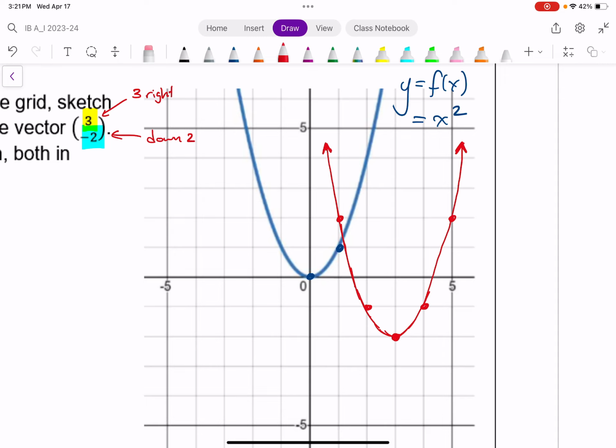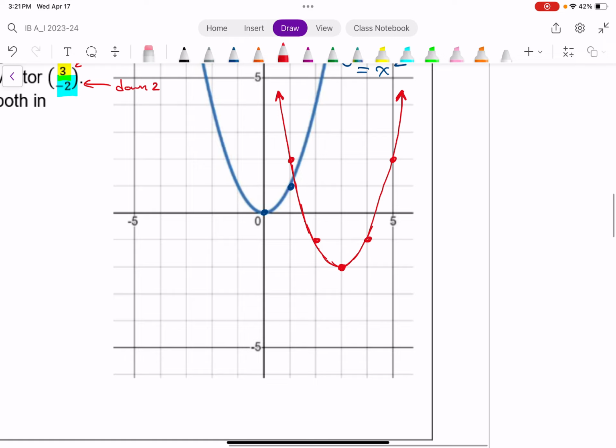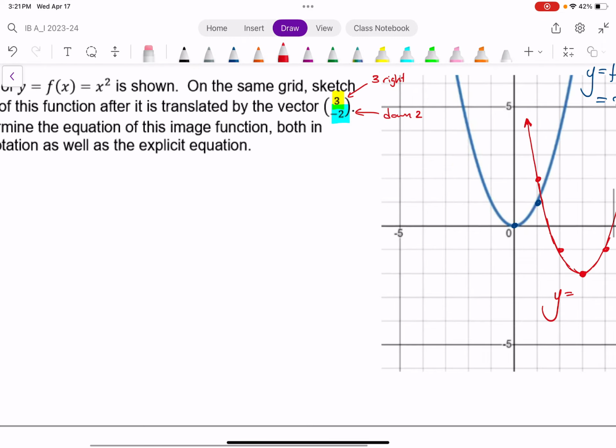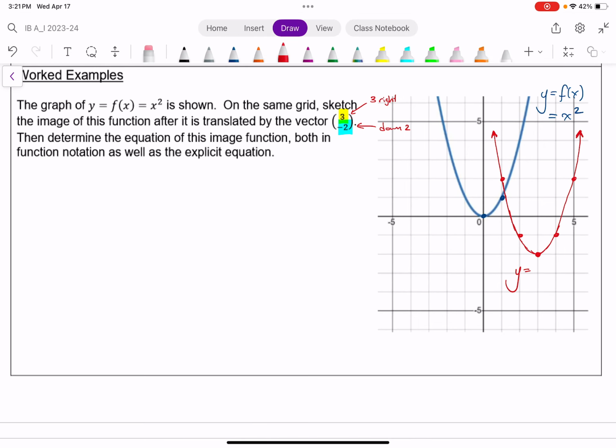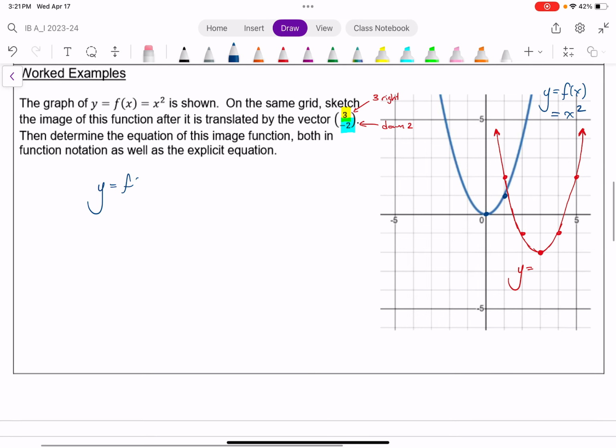All right, and so now this equation here, what do I call it? Well, that's the second part. I want to write the equation of this both in function notation as well as an explicit equation. So in function notation, let me go back to what I had in blue. I gave you f of x. Well, when we translate something to the right or the left, we add or subtract just to the x, just to the input. And when we translate a function to the right, we actually need to subtract just the x.